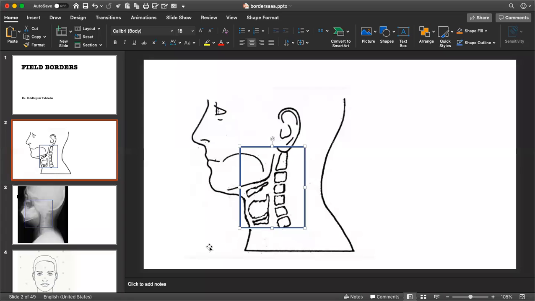Your field border would be mostly bilateral in case of oropharynx, except for tonsillar fossa. In case of tonsillar fossa, you may want to treat unilaterally.